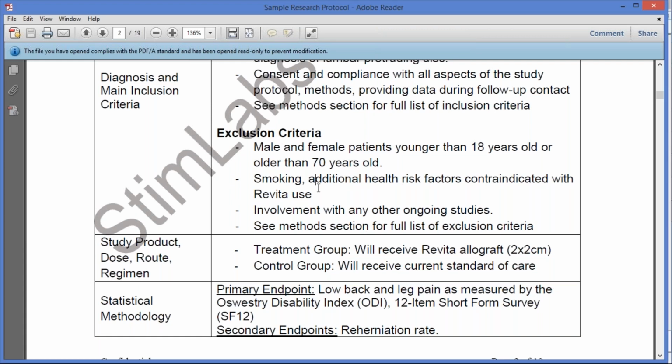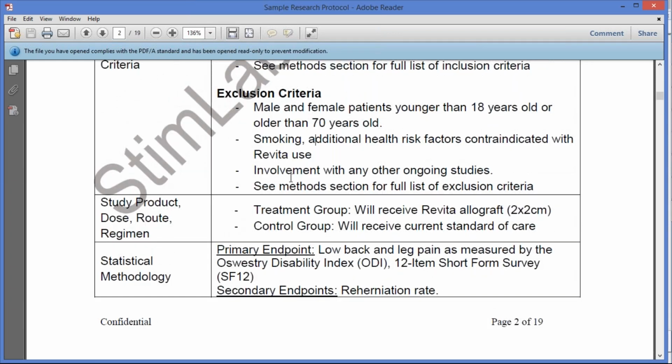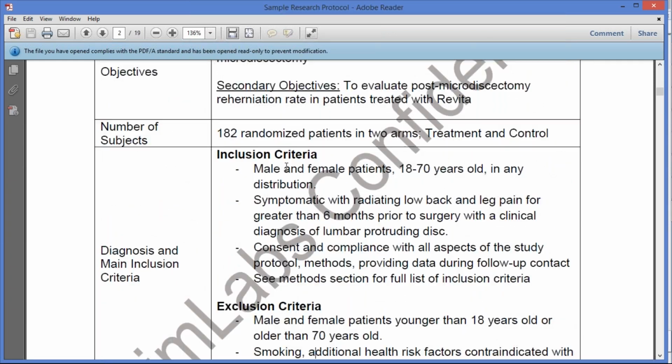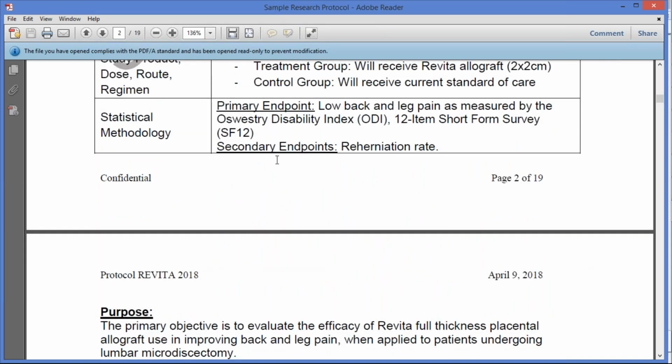Exclusion is also explained here. That means which type of people to include and which type of people not to include. Then the primary and secondary endpoints, based on the primary and secondary objectives.